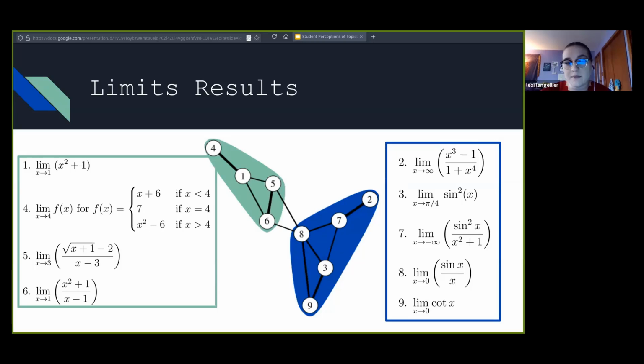Function type seems reasonable, but trigonometric functions are not typically first examples. The strength between the lines was also interesting. In the green group, 4 and 1 are really strongly connected, but 4 isn't really connected to the other ones. And 5 and 1 and 6 and 1 also have weaker connections, and you can see similar things in the blue group.